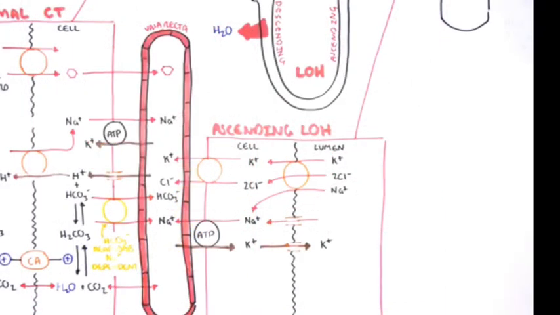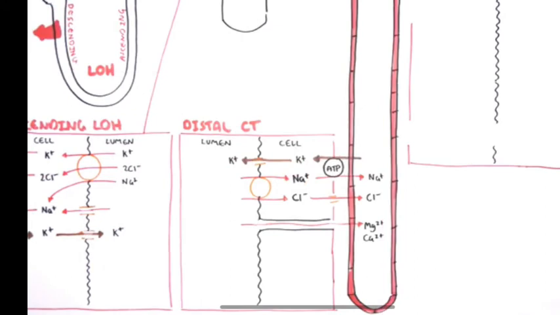And there is also the sodium potassium ATP channel, which is also active transport. The sodium will go into the vasa recta in exchange for the potassium, which will be secreted into the lumen.